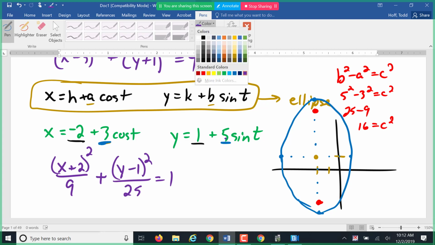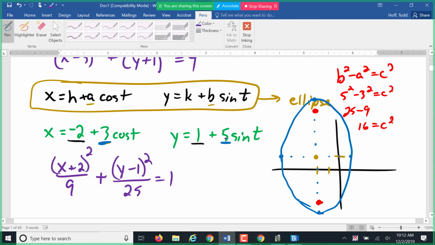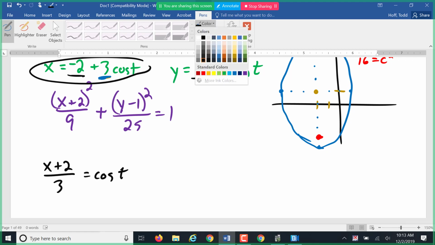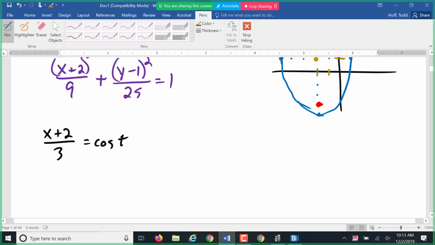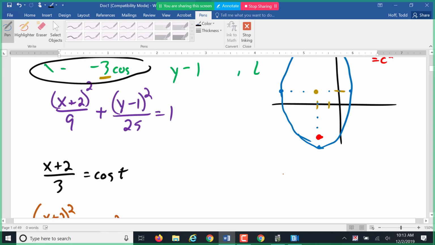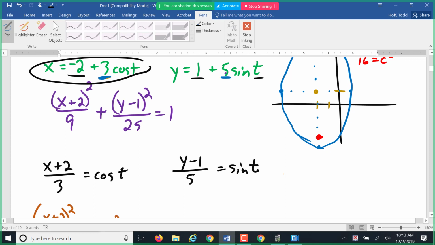If we want to confirm that, let's go ahead and do it. If I solve this for x, this is going to be x plus 2 over 3 equals cosine t. So squared, that'll be x plus 2 squared over 9 equals cosine squared t. This one over here, if I solve it for t, that's going to be y minus 1 over 5 equals sine of t.